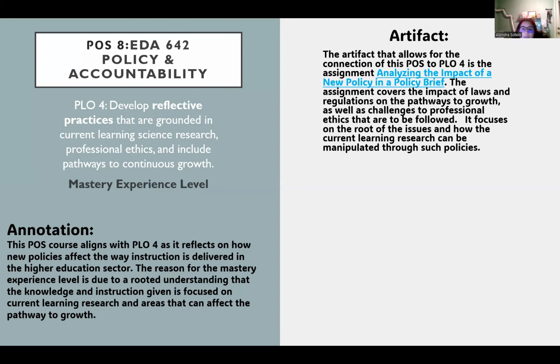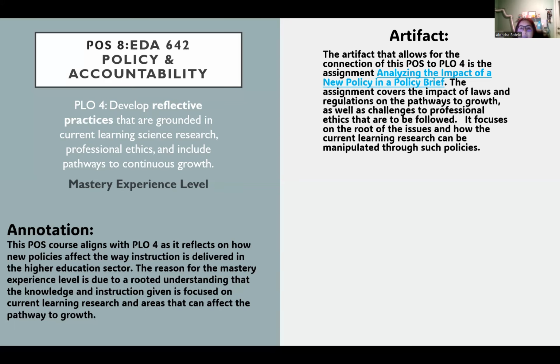The artifact that allows for the connection of this POS and PLO4 is the assignment analyzing the impact of a new policy in a policy brief. The assignment covers the impact of laws and regulations on the pathways to growth, as well as challenges to professional ethics that are to be followed. It focuses on the root of the issues and how the current learning research can be manipulated through such policies.